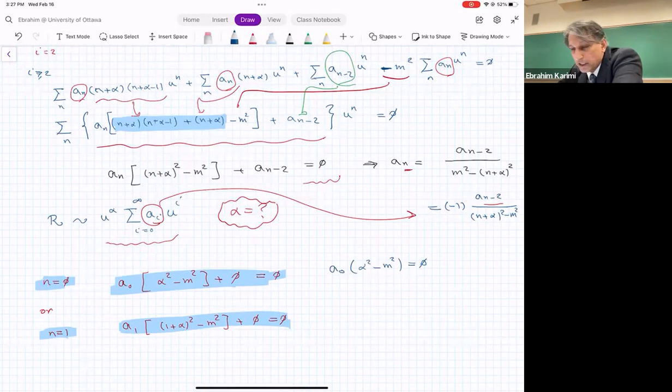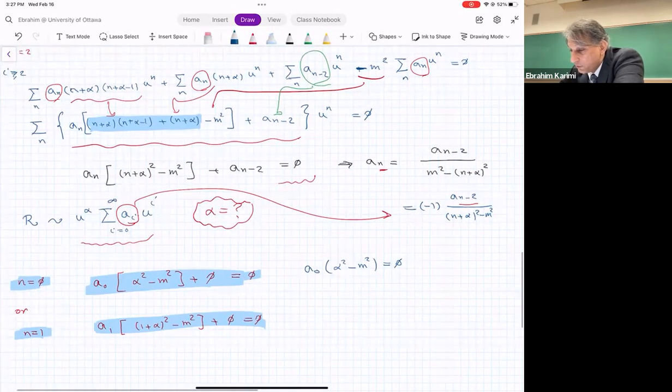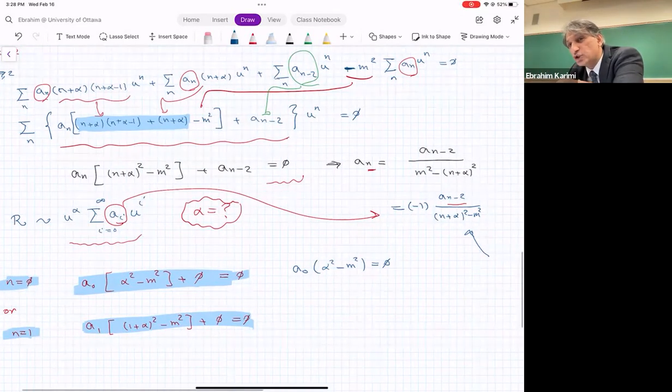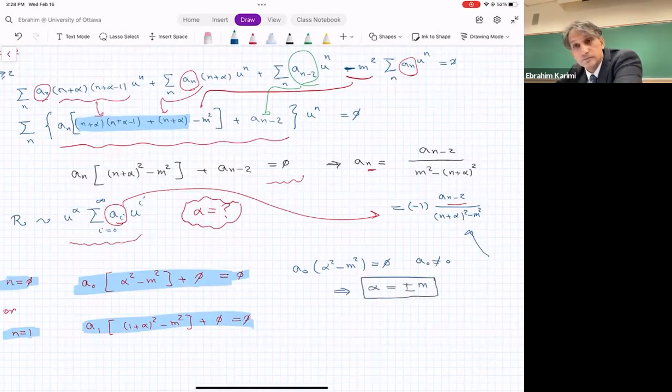No, because if A0 is 0, from this relation, A2 will be 0, A4 will be 0, A6 will be 0, all coefficients will be 0. Okay? So from this relation, we assume that A0 is not equal to 0. Therefore, alpha should be equal to plus minus m. Okay? Do you agree, guys?